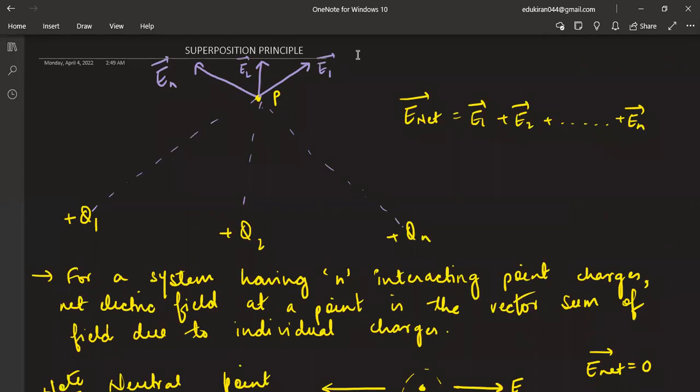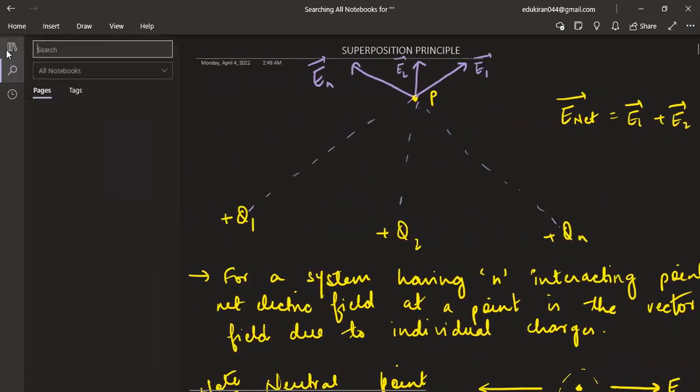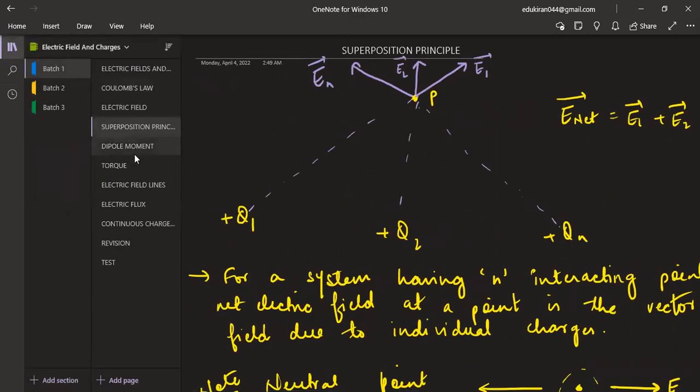If you have charges and want to find the net charge, then directly add algebraically. But if you have numerous electric fields, then add them vectorially. If they are making some angle, consider the parallelogram law. Solve it in the same manner that vectors are properly solved.